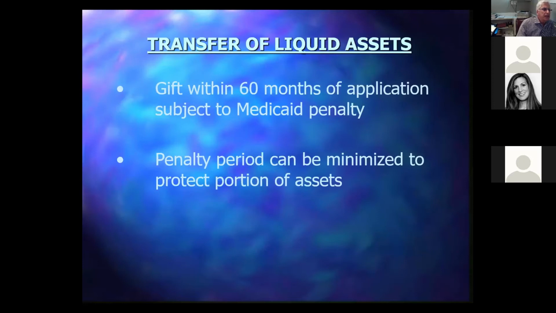And then transfer of liquid assets. If you're going to do a plan where you're going to transfer assets and then pay during the 60-month look-back period, you want to show that, hey, this is what we're planning on doing, Judge. Transferring this amount of money out.